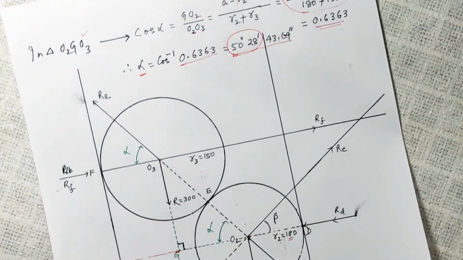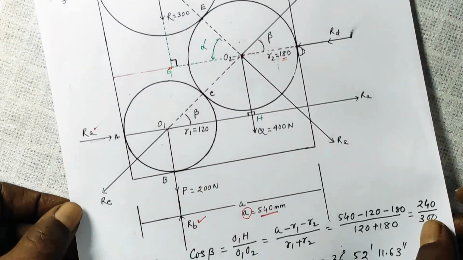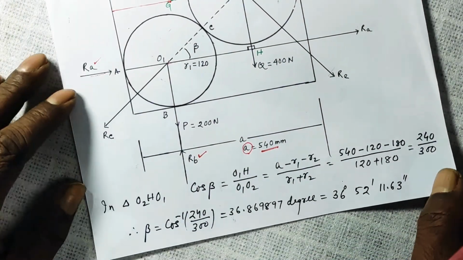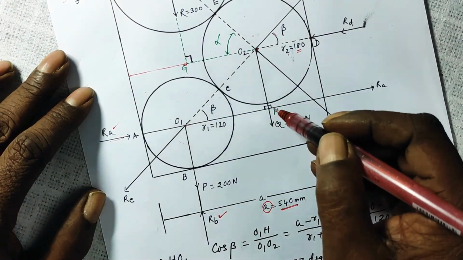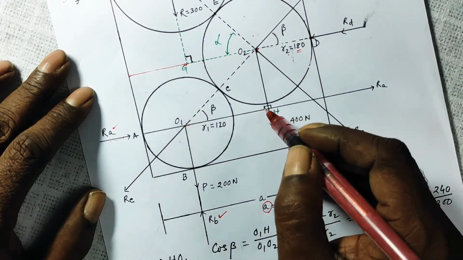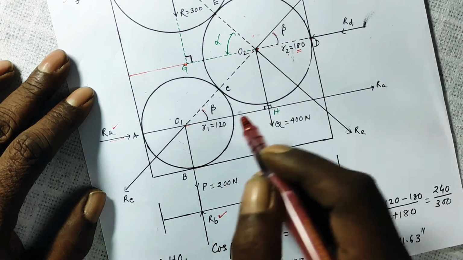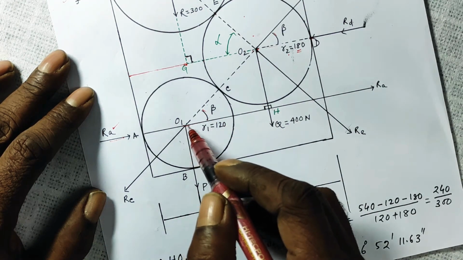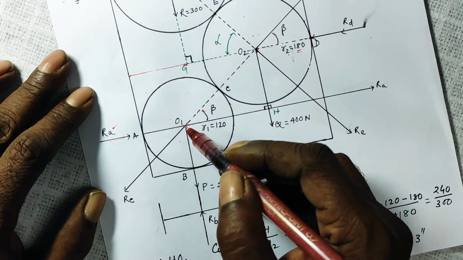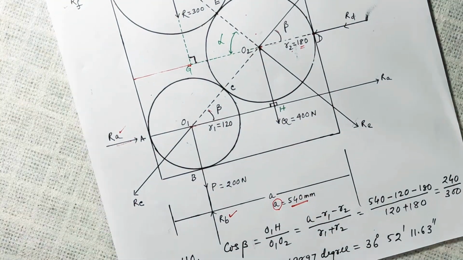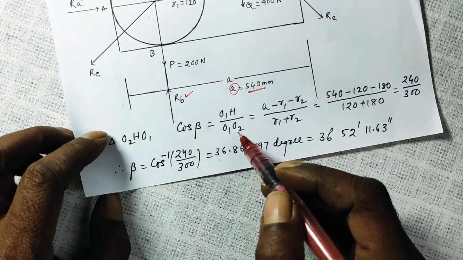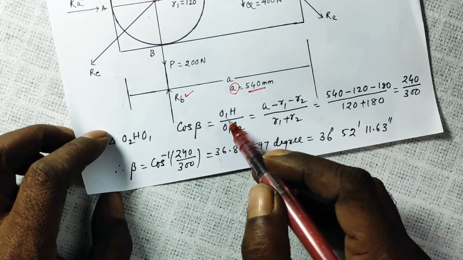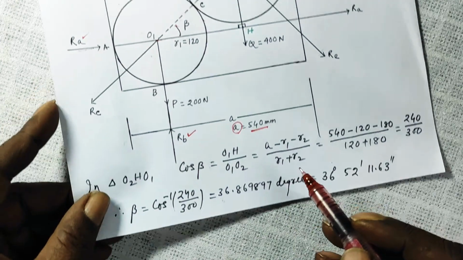Now, coming back to how to find beta. If you look at the triangle O2HO1, right angled here, cos beta will be O1H over O1O2. Now how much is O1H?